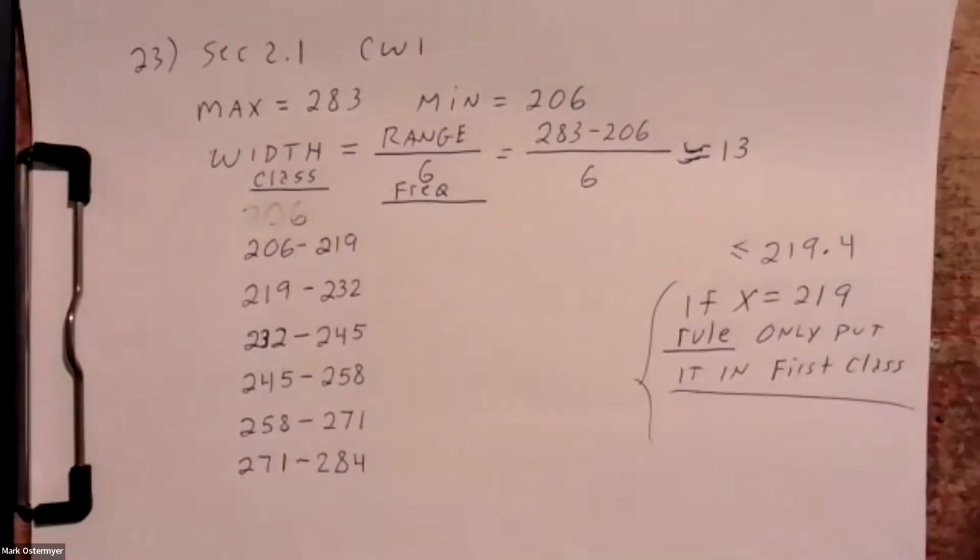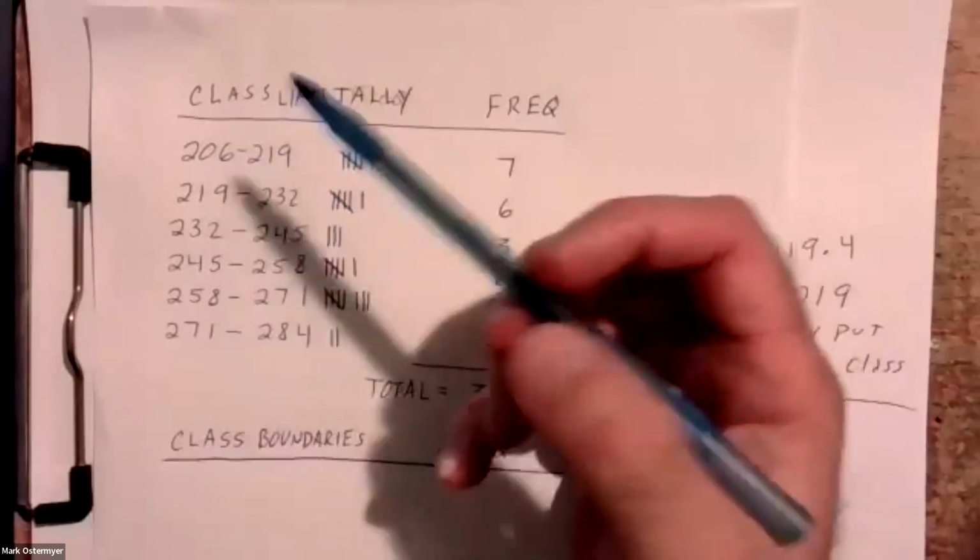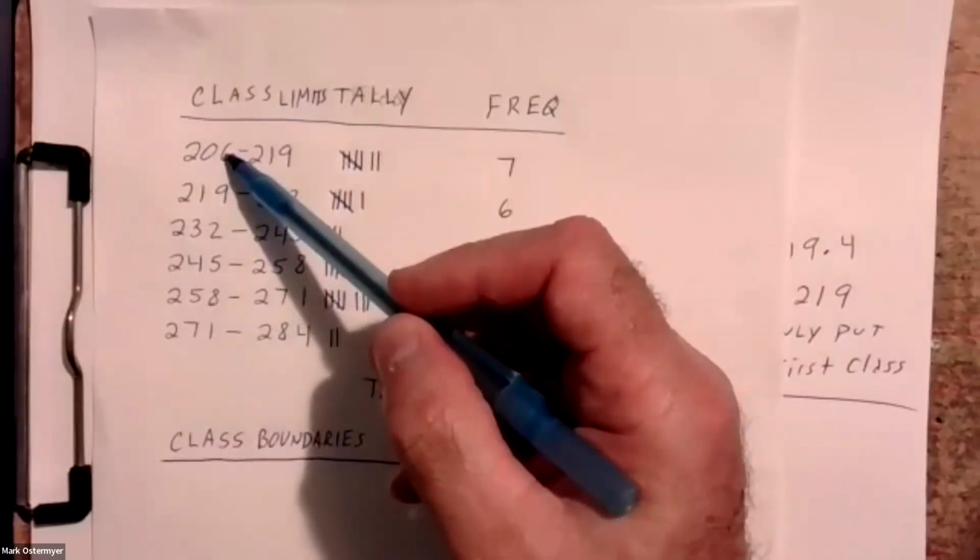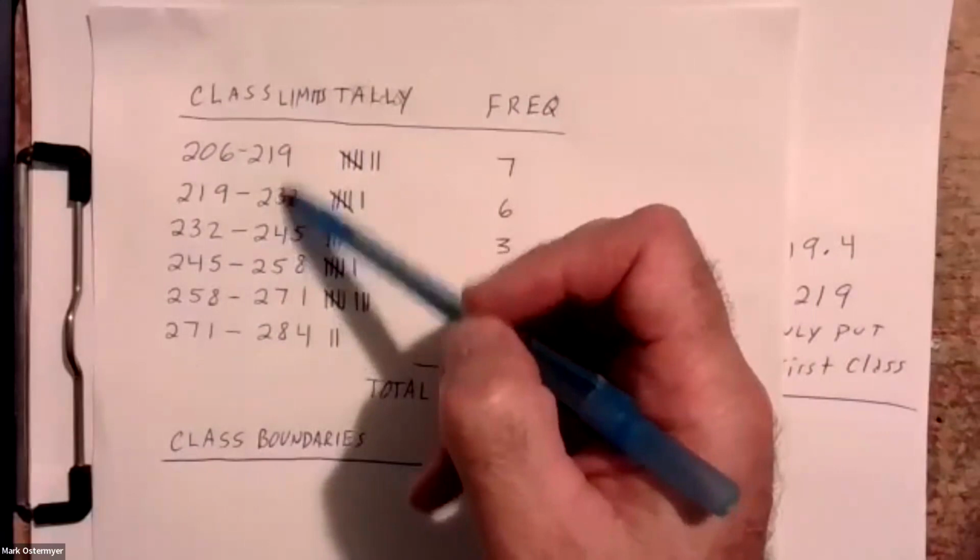Class boundaries now. I have a question. How come, you see how you have 206 and then it goes to 19? How come it's not 206 and then 218? Remember, the width is computed by taking the difference between successive lower limits or successive upper limits.